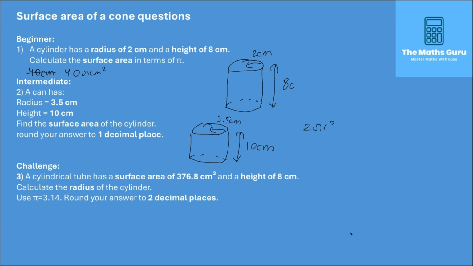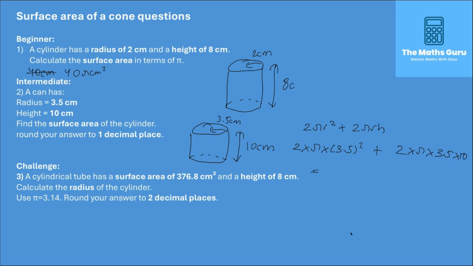Same thing again, 2 pi r squared plus 2 pi r h. Plug in our values for r and h, and we get 2 times pi times our 3.5 squared, add 2 times pi times 3.5 times our height.